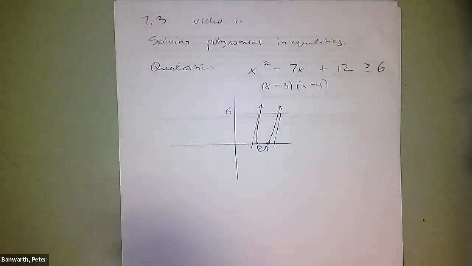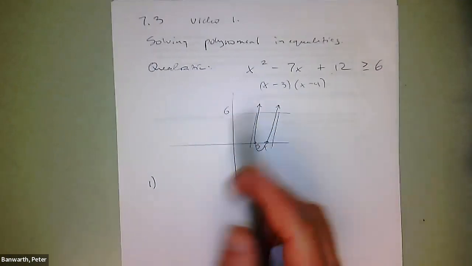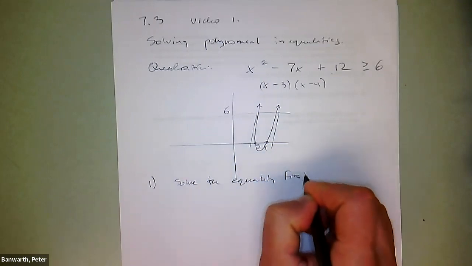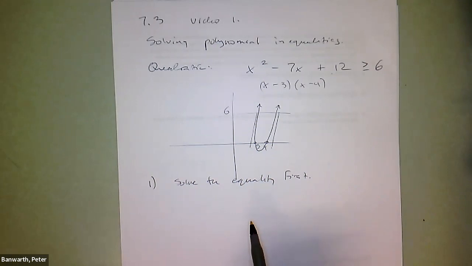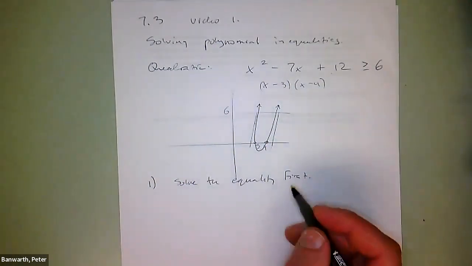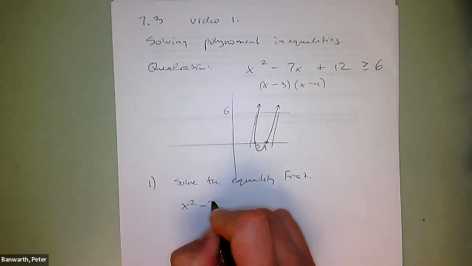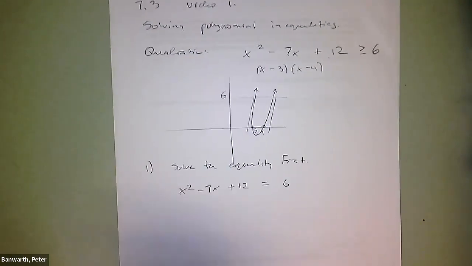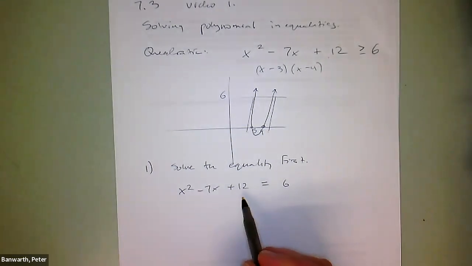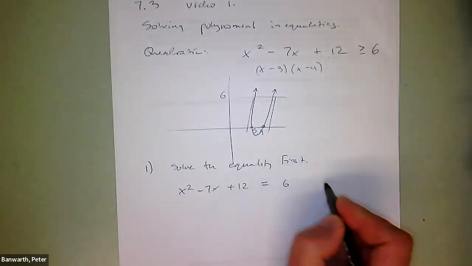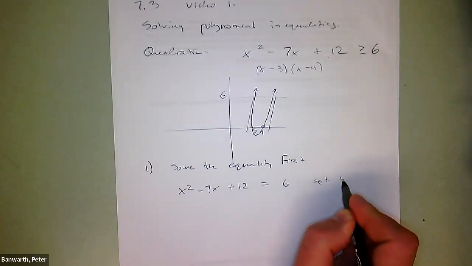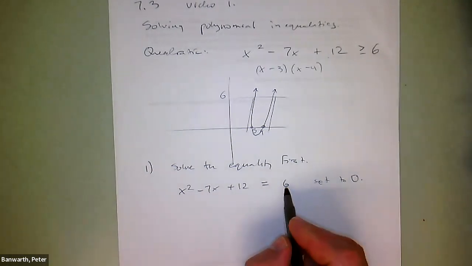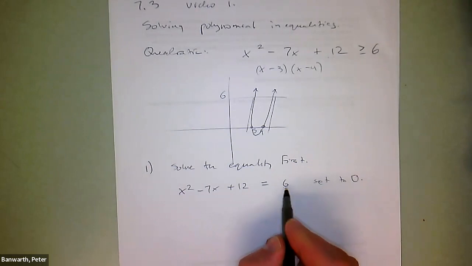Looks like my graph is a little tilted, but now when you solve this, you should have some guidelines. The first thing to do when solving an inequality is solve the equality first. So I take my inequality and write it as an equality, and then solve that using the tools I have to solve quadratic equations. Subtract 6 from both sides, so you want to set it equal to 0, as opposed to solving it for a number over here.